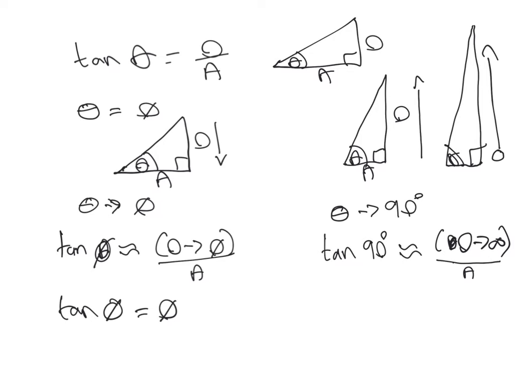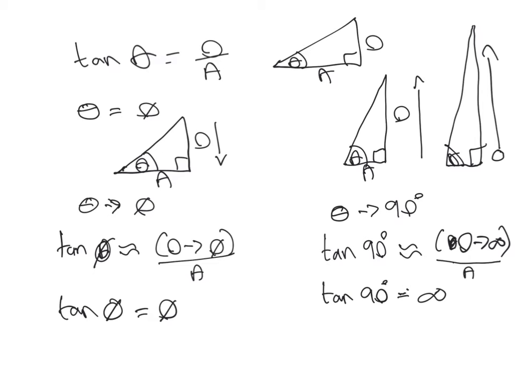Anything tending towards infinity, remember infinity is not a number, means the tan of 90 will become infinity itself, which is why we have that dash. It's undefined.